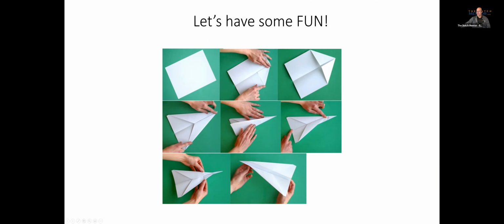So I want you to do the exact same thing again. Now, whose plane flew the furthest? Tell me approximately how many feet it flew, Elisa. Well, mine hit the wall, so my office is kind of small.